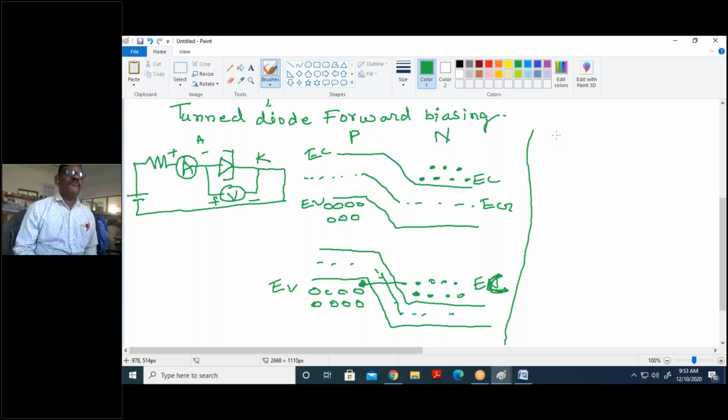In second condition, if you want to apply more than millivolts, here layers with this conduction band going into the upside.